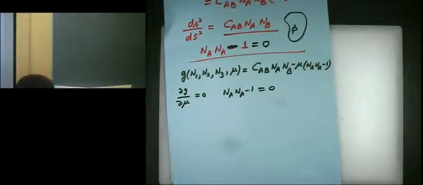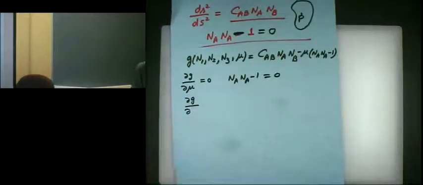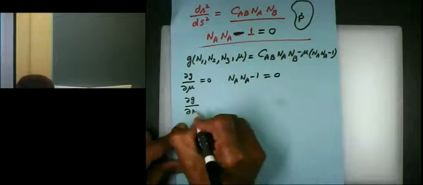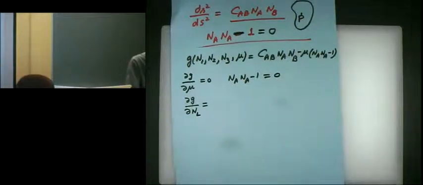And the other three equations, delta g over delta n1, delta g over delta n2, and delta g over delta n3 should be 0. To make our life simple, we will evaluate delta g over delta nL, where L can be 1, 2, and 3. We are trying to write all three equations in one.